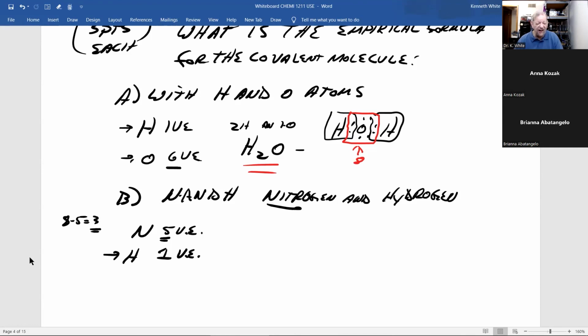And if each hydrogen can only give 1, and it needs 3, you'll need 3 of these. So what's the empirical formula for a molecule with nitrogen and hydrogen? 1 nitrogen and 3 hydrogens. And now everybody's going to be happy.